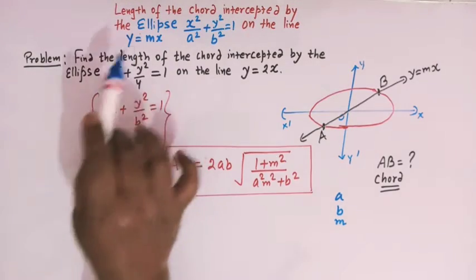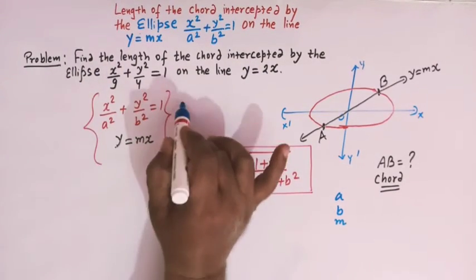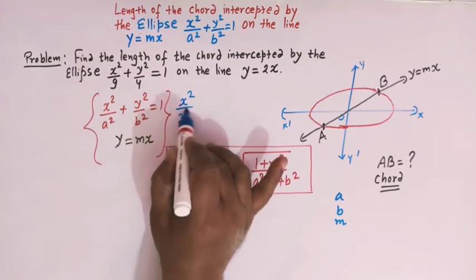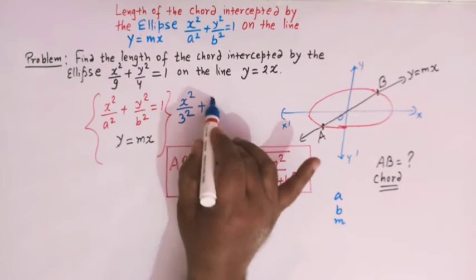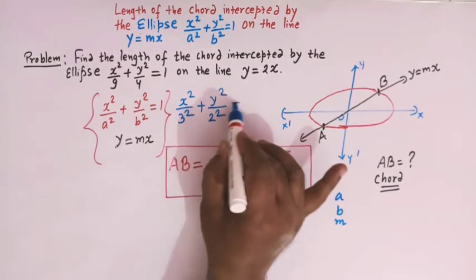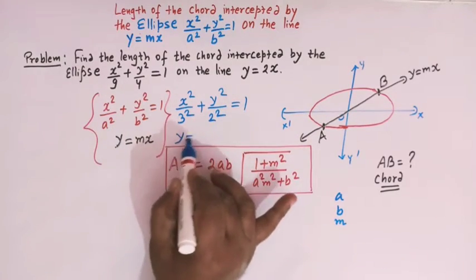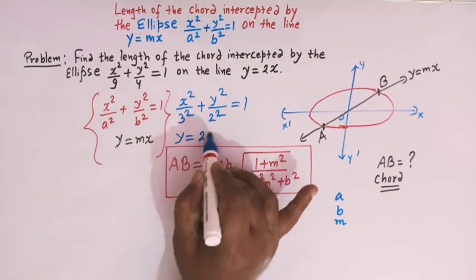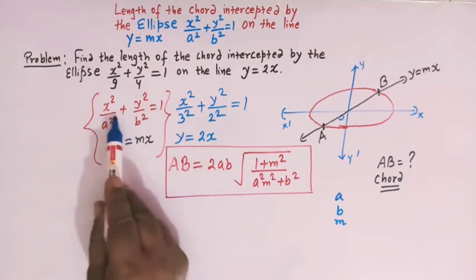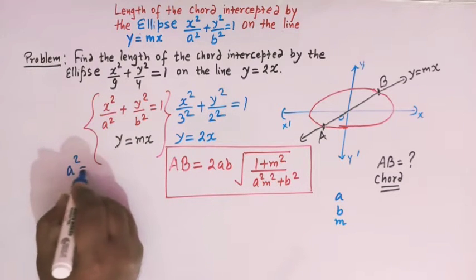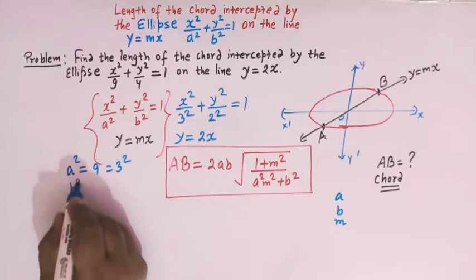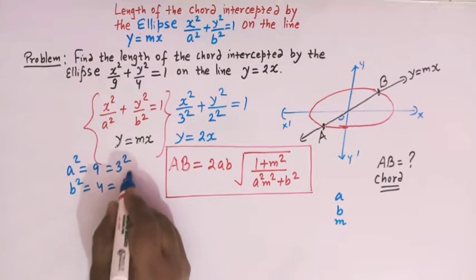So here we need to know the value of a, b and m, right? So here the equation of the ellipse is given as x²/9, which can be written as 3², and here we have y²/4, which is 2², equal to 1, and here we have the equation of the line as y = 2x, right? And if we compare these two equations, we get a² = 9, that is 3², and b² = 4, which is 2², right?